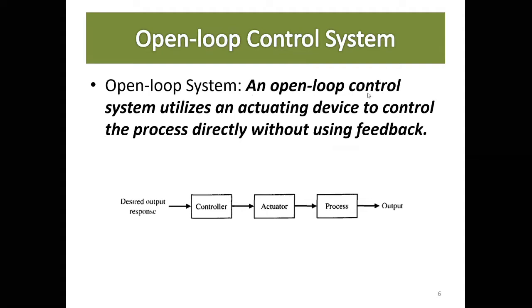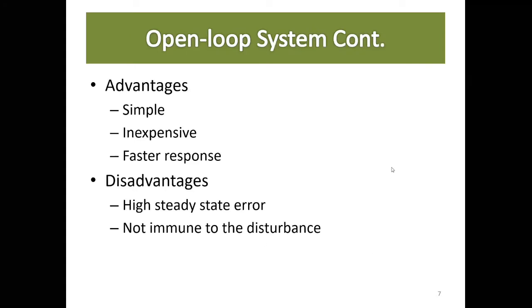An open loop control system utilizes an actuating device to control the process directly without using feedback. So without feedback, the actuator does the job. And an open loop system has some advantages and disadvantages.